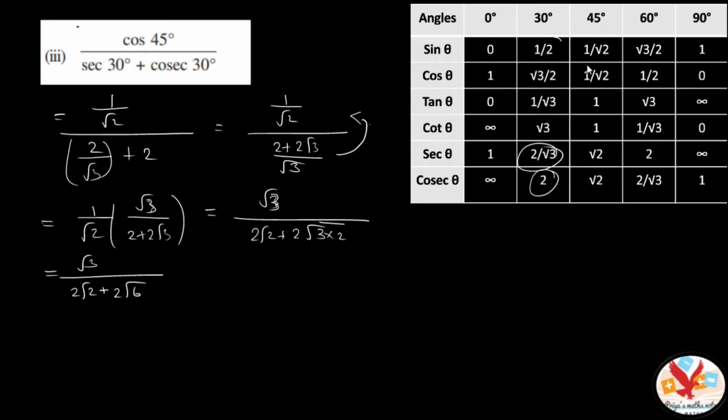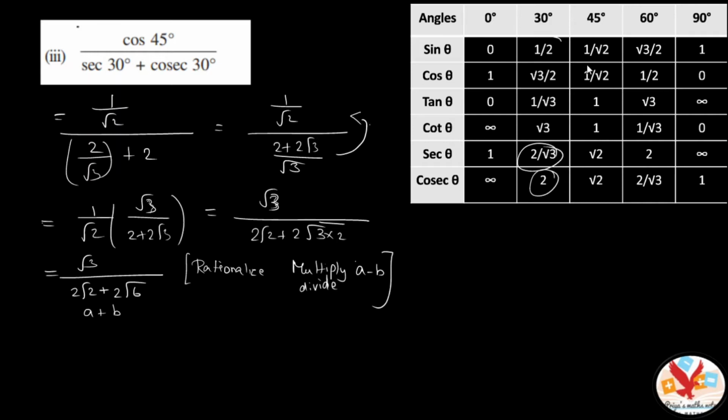Okay, now listen carefully. We are going to rationalize. Rationalize is nothing but, if the denominator is in terms of a plus b, we have to multiply and divide by a minus b.